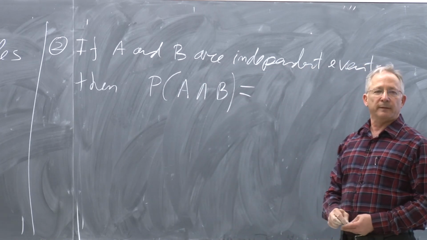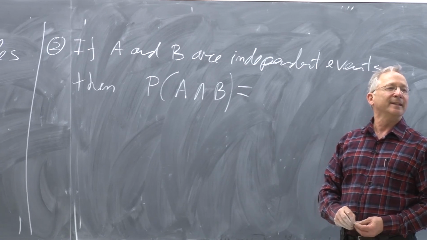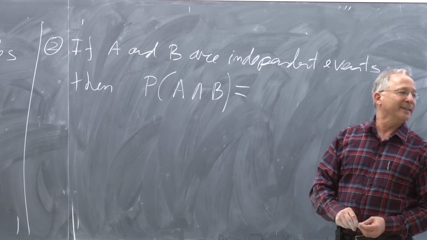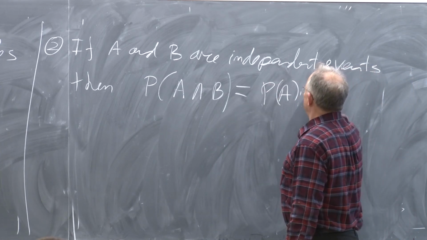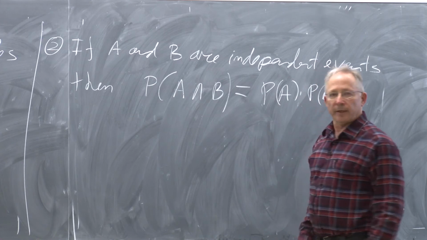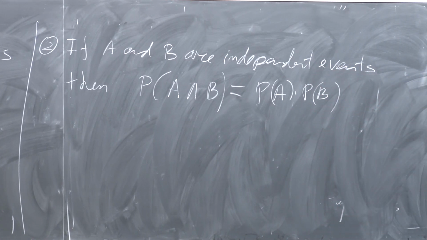Yeah, P of A times P of B. So these are the two basic rules from probability that we are going to need.